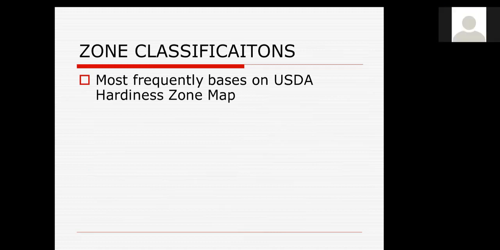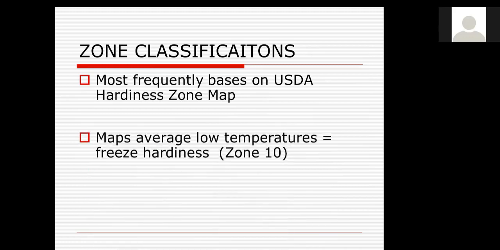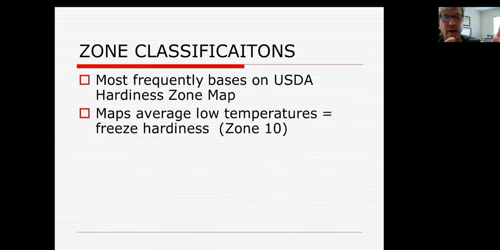It is a plant hardiness zone. So it's based on the average low temperature in an area. And we have 10 zones that it's divided into here in the United States. So that average low temperature is in these 10-degree intervals that we call a zone.